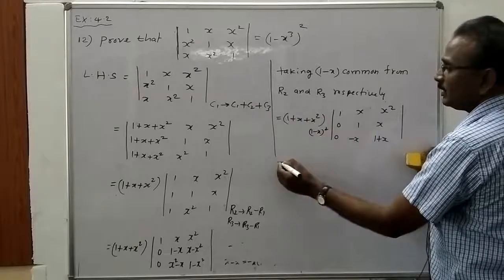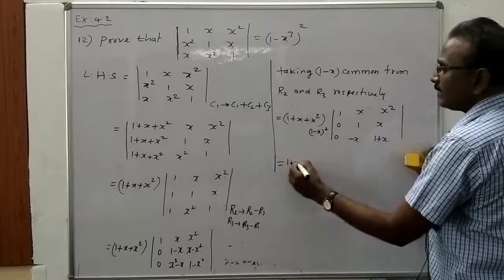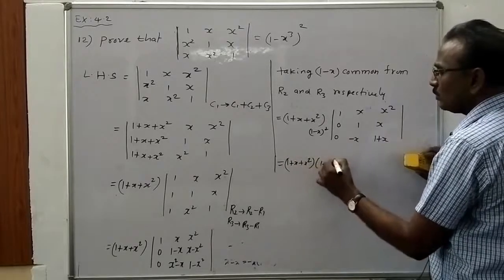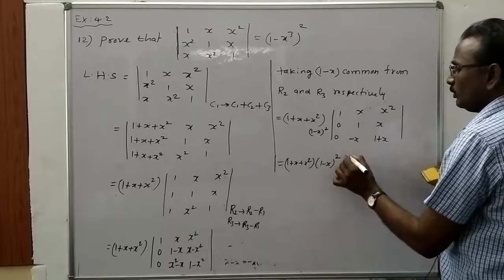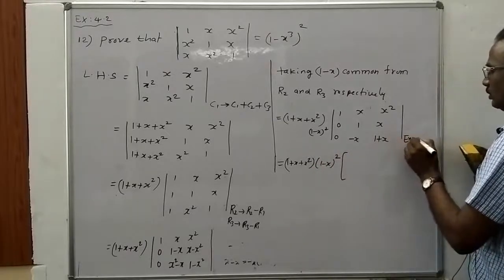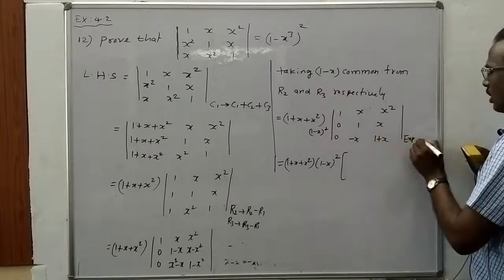Therefore (1 plus x square) into (1 minus x) whole square into, so expand along R1.